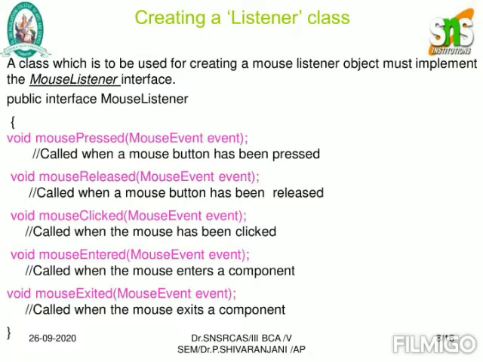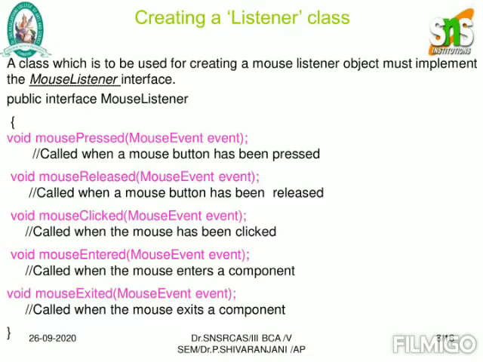When the user presses the mouse, the event is recorded by the mousePressed method. When the user releases the mouse, the event is recorded by the mouseReleased method. And when the user clicks on the screen, the mouseClicked method records the event.